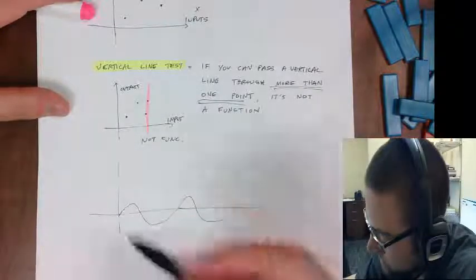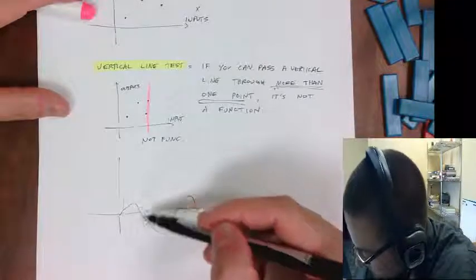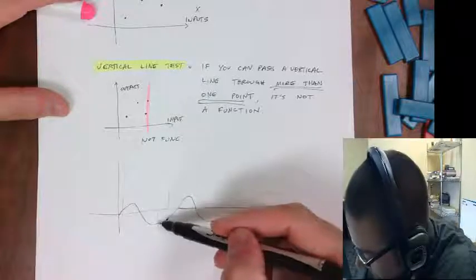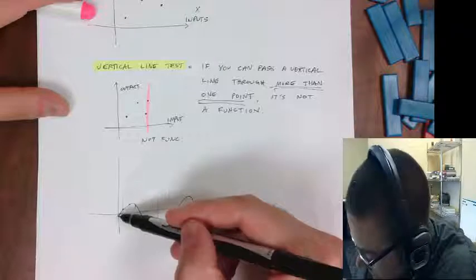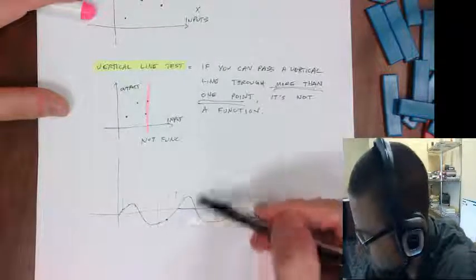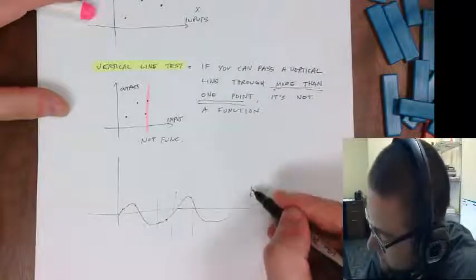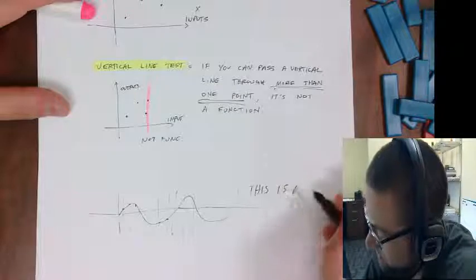As I go along, if I can pass a vertical line and it touches more than one point at any point, so here it's 1 point, 1 point, 1 point, and along this whole curve it never hits more than 1 point, then I can say that this is a function.